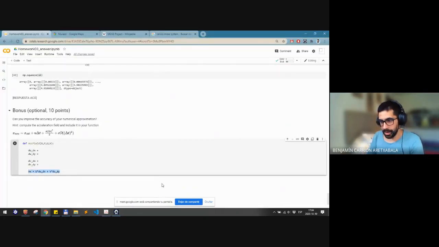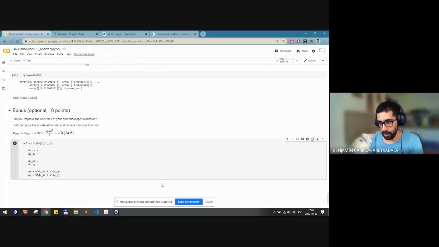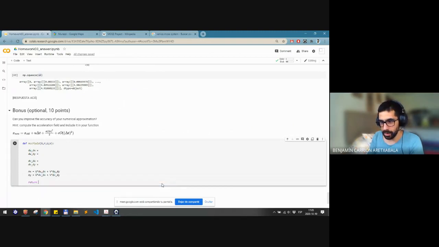And then the acceleration on y is going to be u times dv over dx plus v times dv over dy. We return these two guys. This is the core. Of course, the details matter. They say the devil is in the details. Have you heard that? So yeah, this is the core, but how you do it can be tricky.